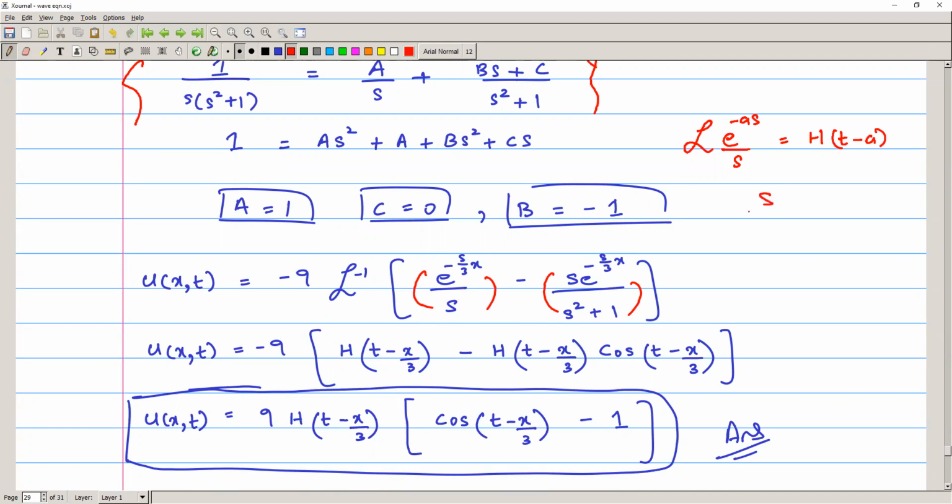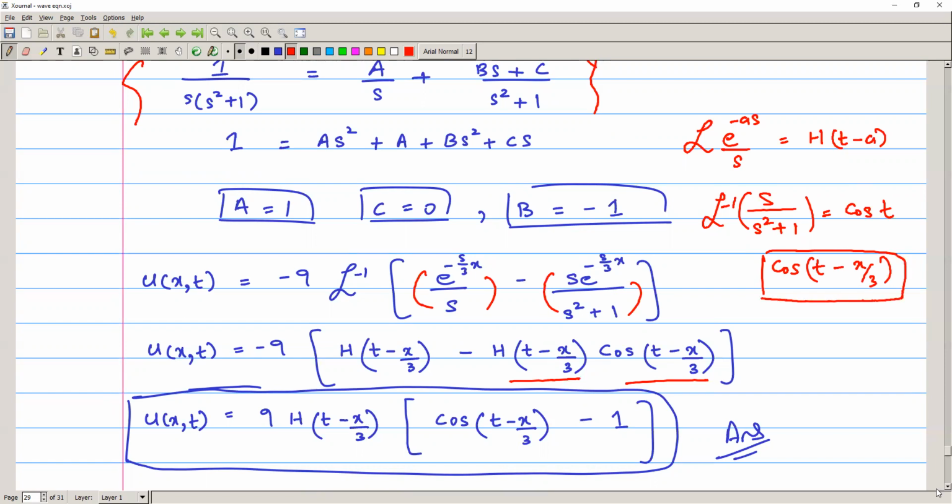The Laplace inverse of s over (s squared plus 1) is cosine t. Therefore, this is multiplied by e to the power negative (s over 3)x, so we will get a Heaviside function with cosine t shifted to cosine of (t minus x over 3). All right, this is the second shift theorem for the Laplace transform.